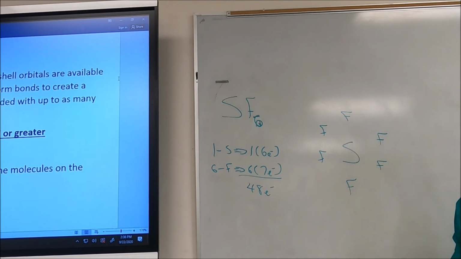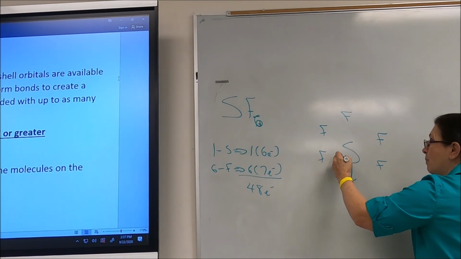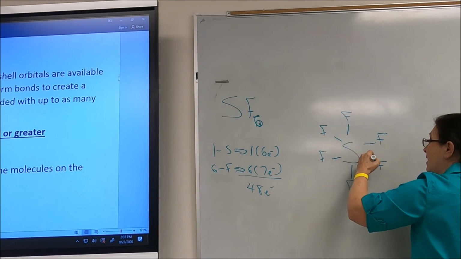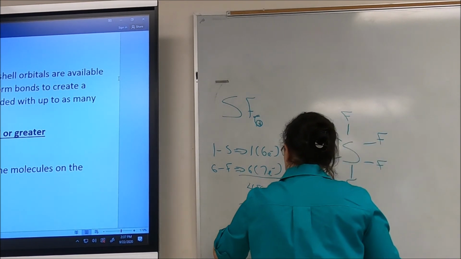around the sulfur. Remember, we've got single central atom molecules, and a fluorine can never be between 2 other atoms. We connect up 2, 4, 6, 8, 10, 12.